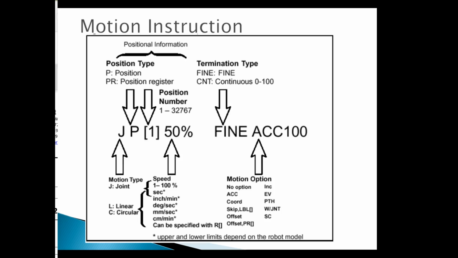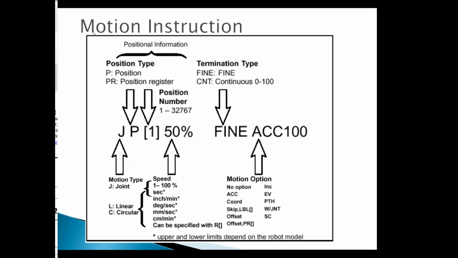The top arrow pointing to the P is the positional information, which is either a point position, or for Fanuc robots what they call position registers, which are points stored in registers or variables that can be used by multiple programs.